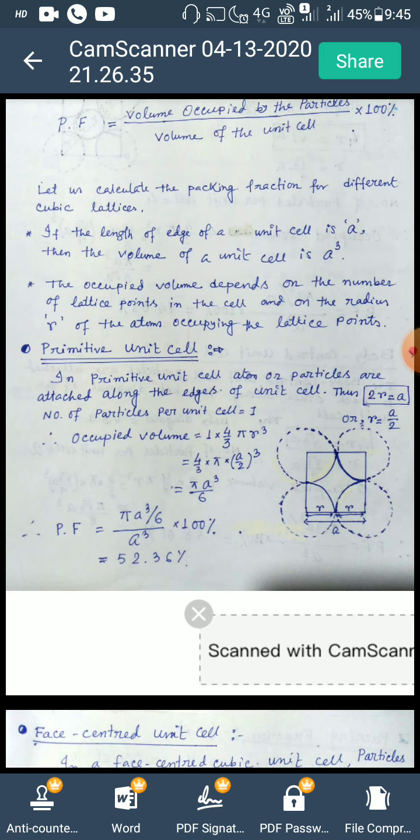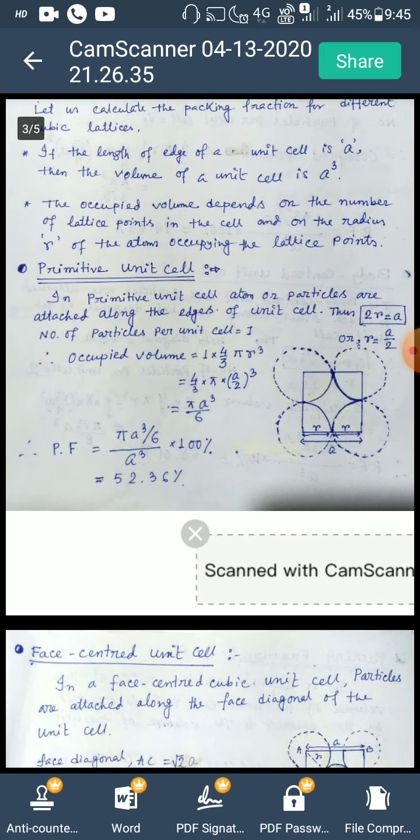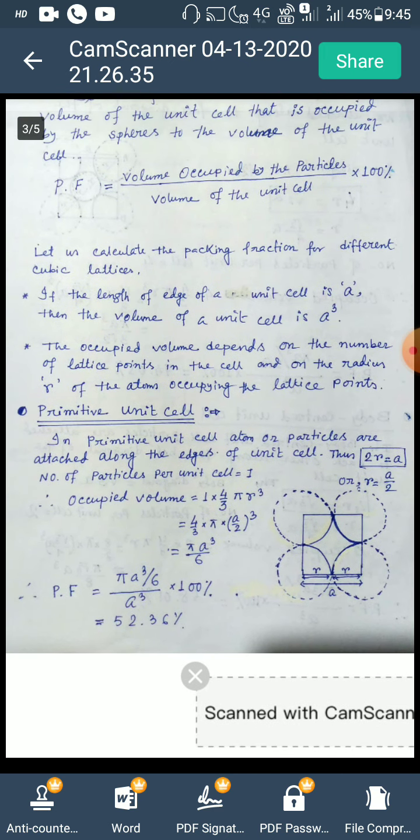So let us calculate the packing fraction of the primitive unit cell. In the primitive unit cell, this is the figure given. It is a primitive unit cell, and this is one face of the primitive cubic unit cell. There are a total of 6 faces like this in a cubic unit cell.